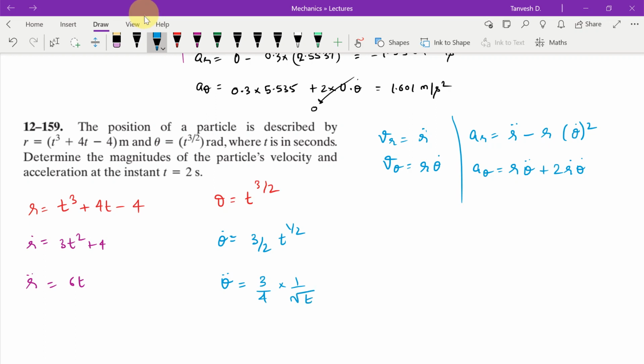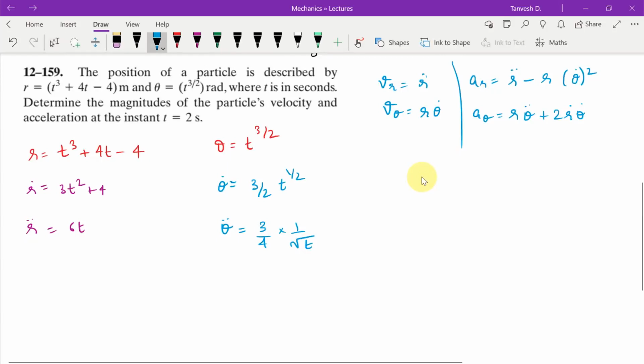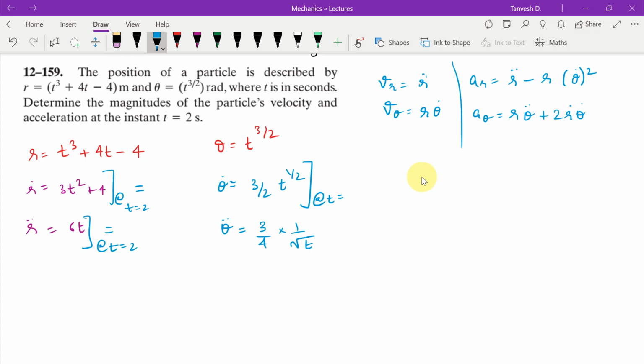At t equals 2 seconds, all the values we can find quickly here itself.